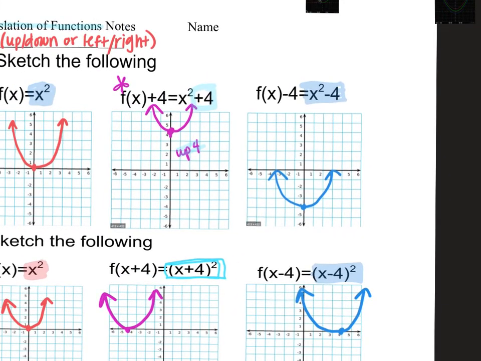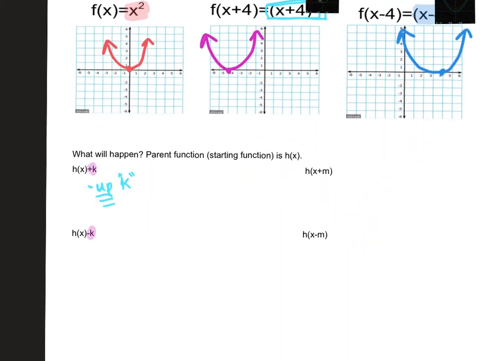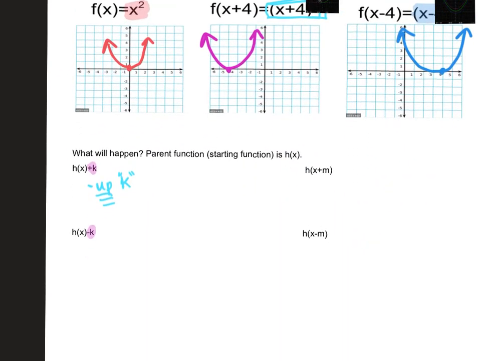This has a minus k here. On our graph, it looks like we went down, and in this case, we went down 4 because that was the number there. So minus k is really telling us to go down whatever number k is.